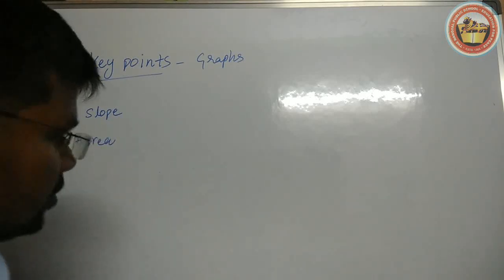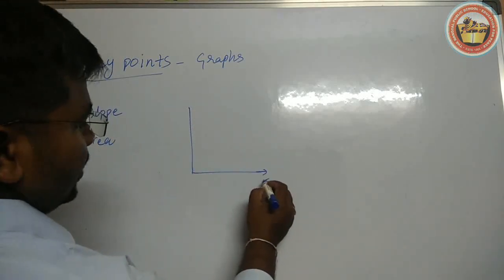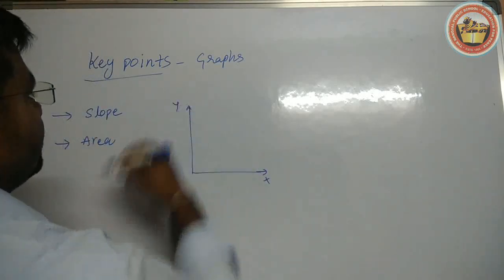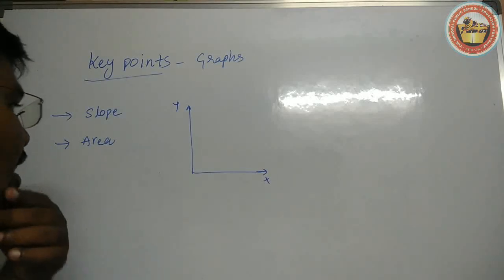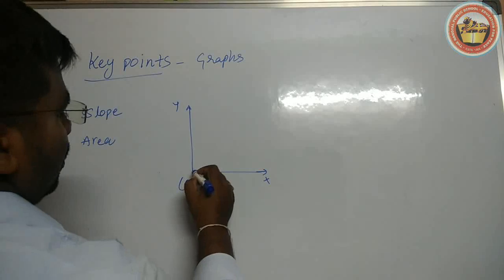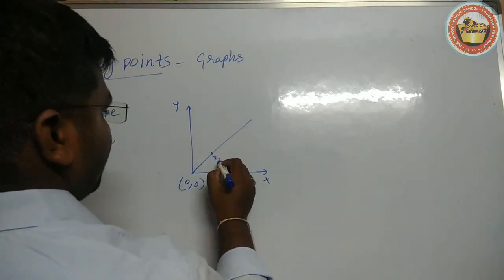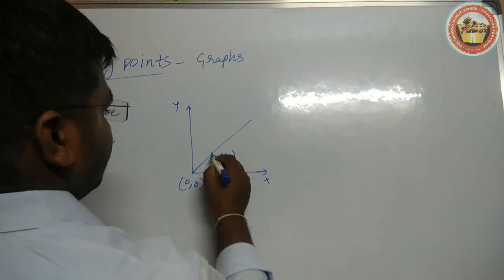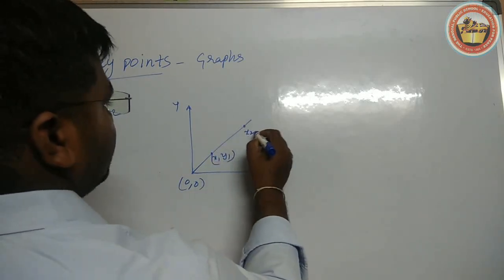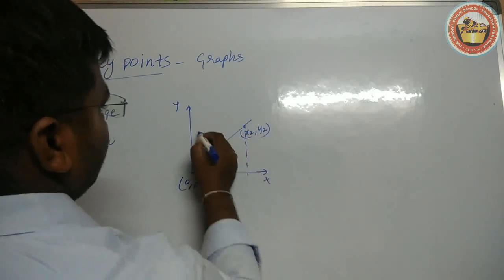In any kind of graph, we have two axes, x and y. We can have some points, 0, 0. Say we take one graph with points x1, y1 and x2, y2. Understand?